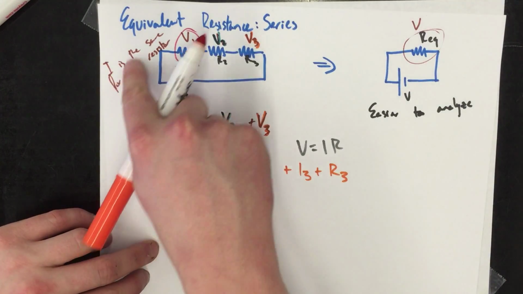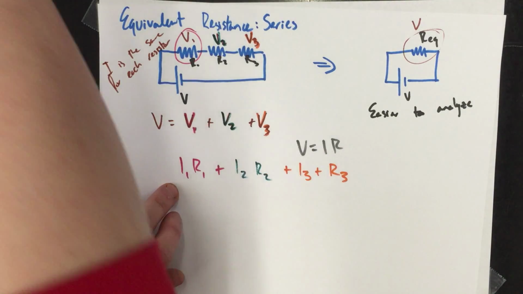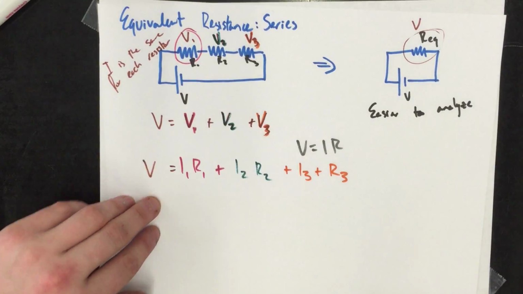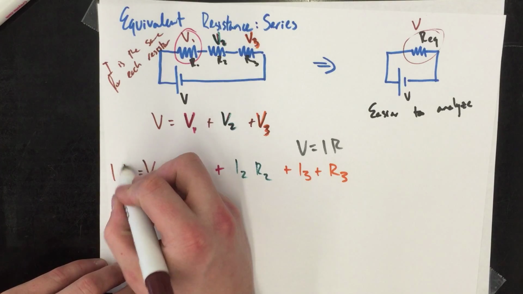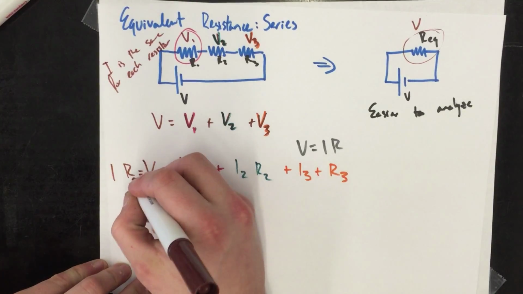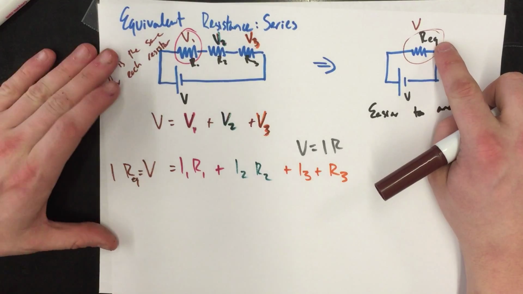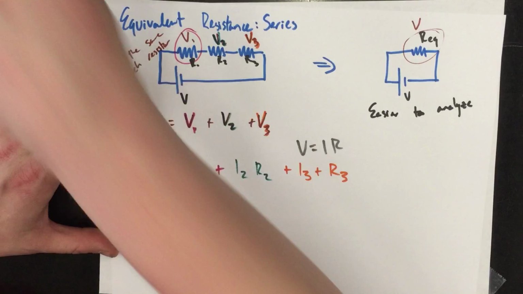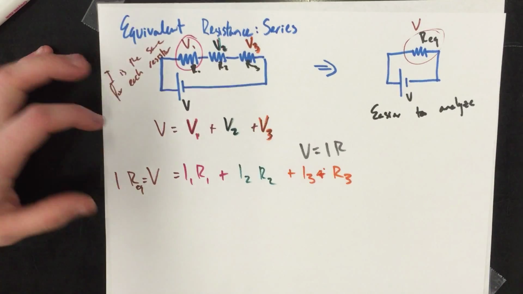But we remember that I is the same for each resistor, so I don't have to label it in subscripts. All of this will be equal to our voltage here, which is I times R. I'll call this R equivalent because that is what we're after here. I made a mistake: this is not plus R3, this is multiplied by R3.